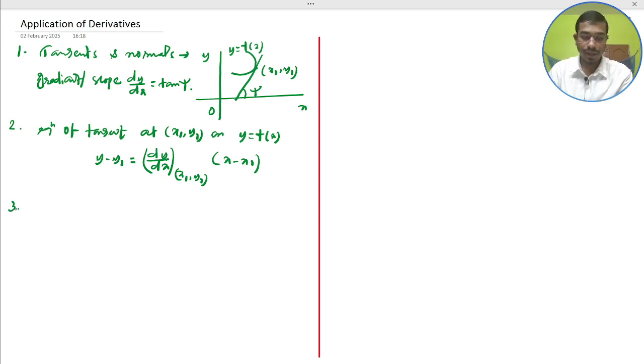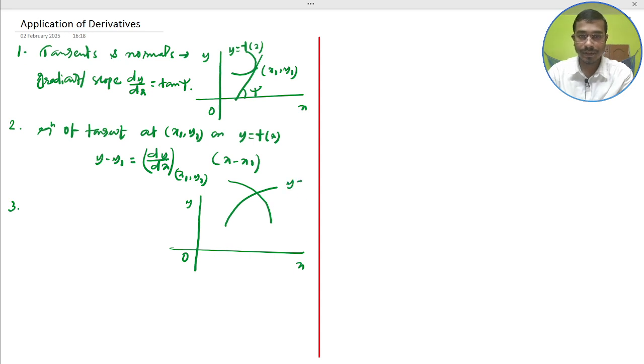Next, the angle of intersection of two curves. Suppose this is a curve in x and y, and here is another.